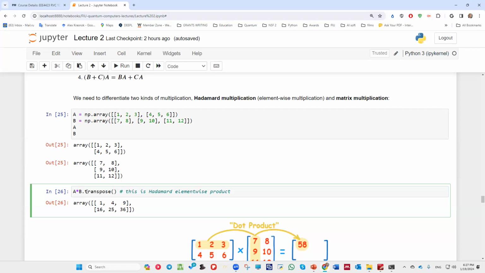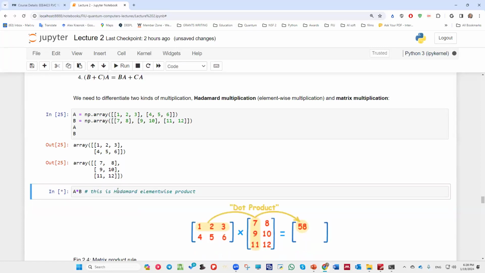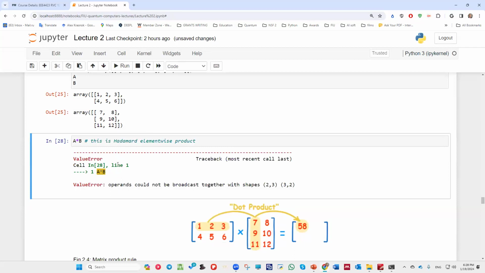But I can transpose this matrix B. So instead of 3 by 2, it will be 2 by 3, the same shape as the matrix A. In this case, I can multiply the matrices element-wise. Without this transpose, it will give me an error. It says that operands could not be broadcast together with different shapes. So this is one important thing here.